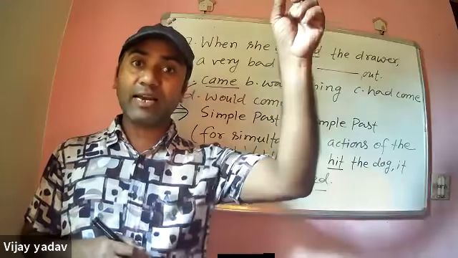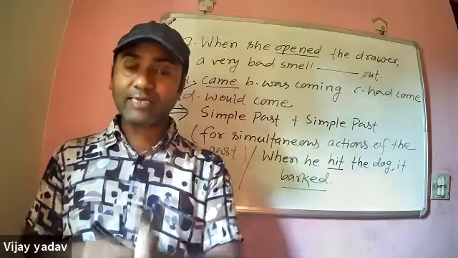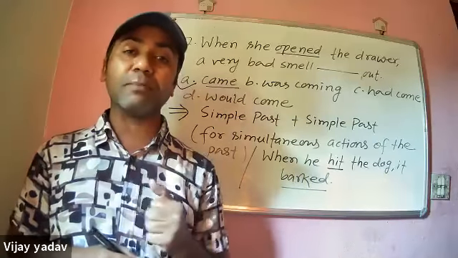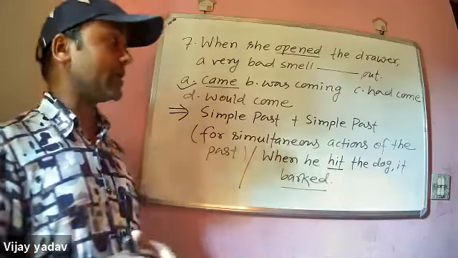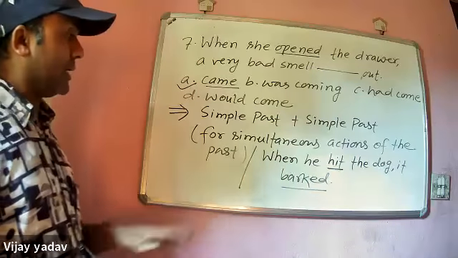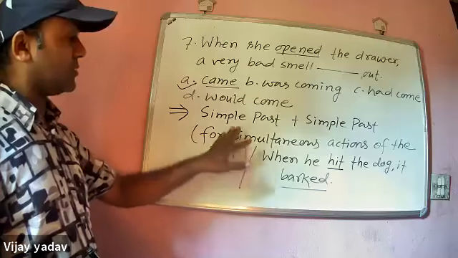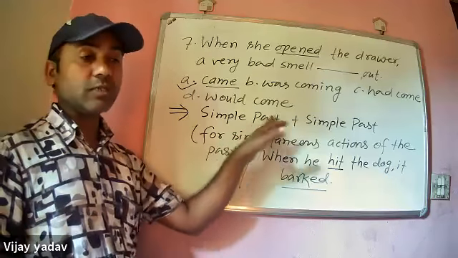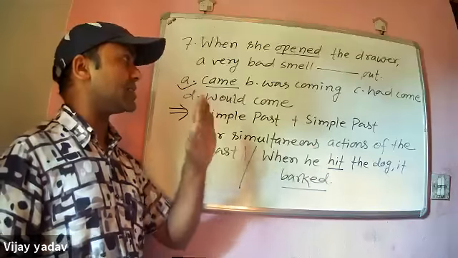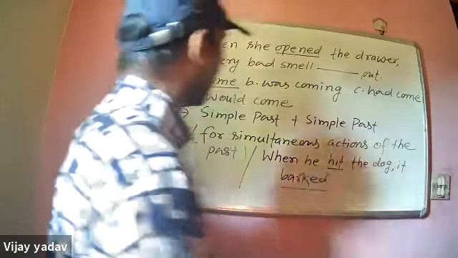For the earlier action, past perfect. For the action which happened later on, we use simple past. So for simultaneous actions of the past, in both clauses we use simple past. Simple past plus simple past. Is it clear? Okay.